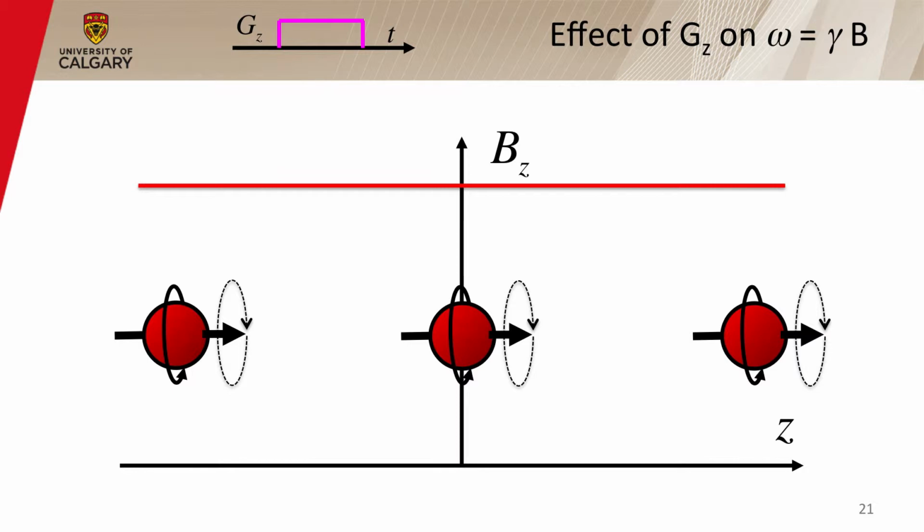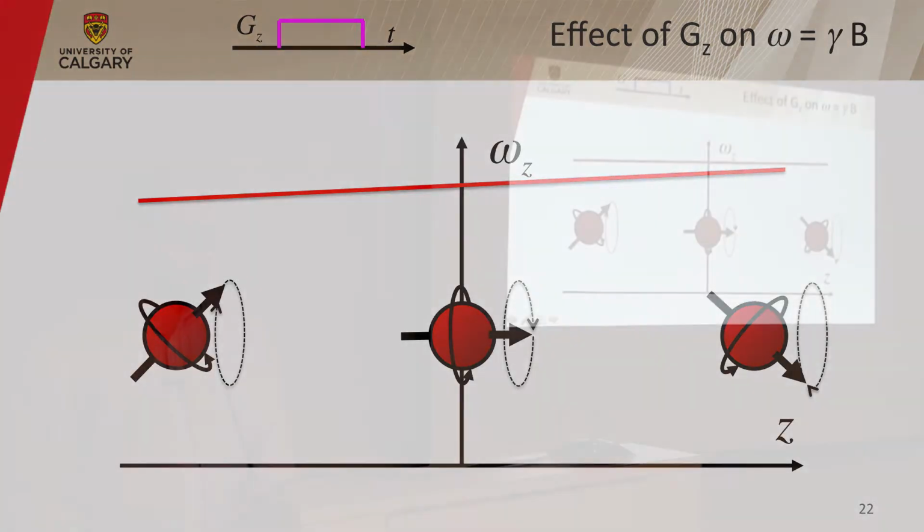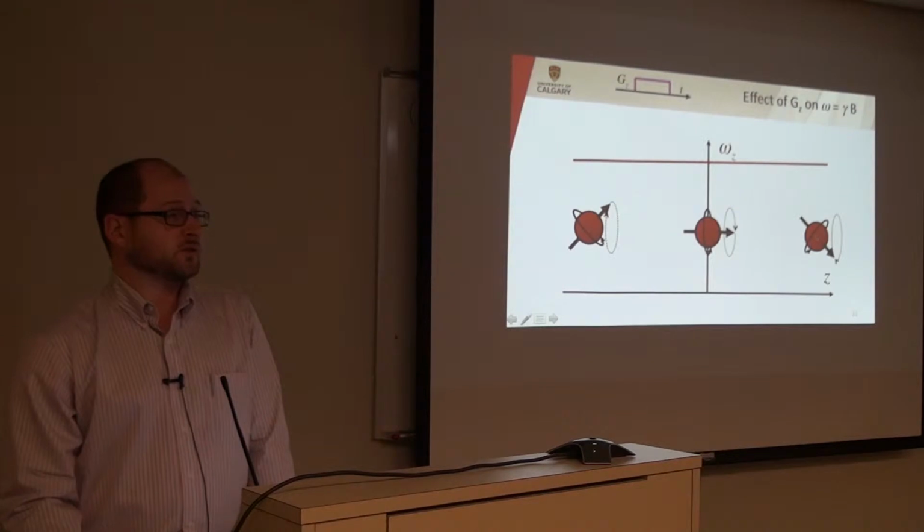However, if we apply this positive Z gradient, so if we think about this in terms of frequency as a function of Z position, when we apply this GZ gradient, in this case it's positive. What that means is that protons that are in a positive position compared to the very center of our magnet are going to be precessing with a slightly faster frequency.